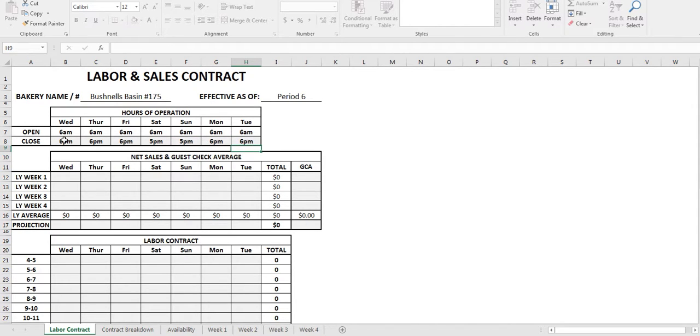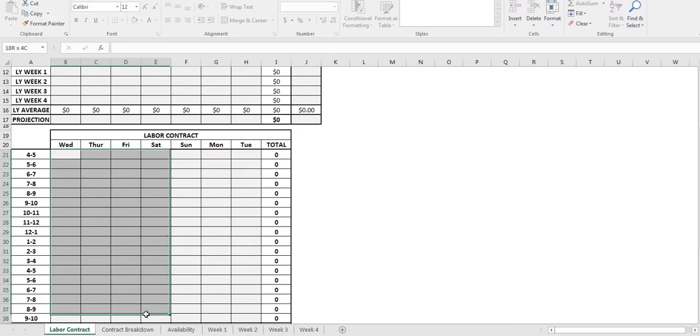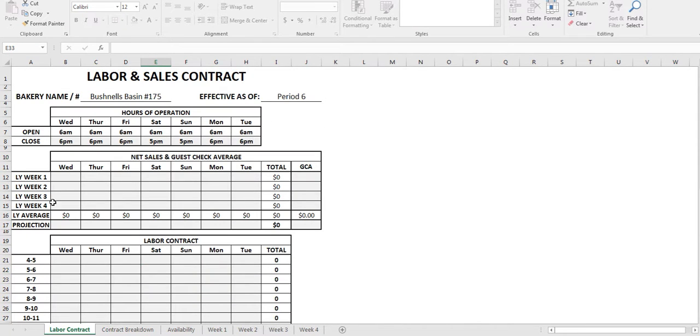You'll notice some highlighted areas. Basically, to simplify this process, anything that's highlighted in a gray hue is the information that you actually have to fill in.